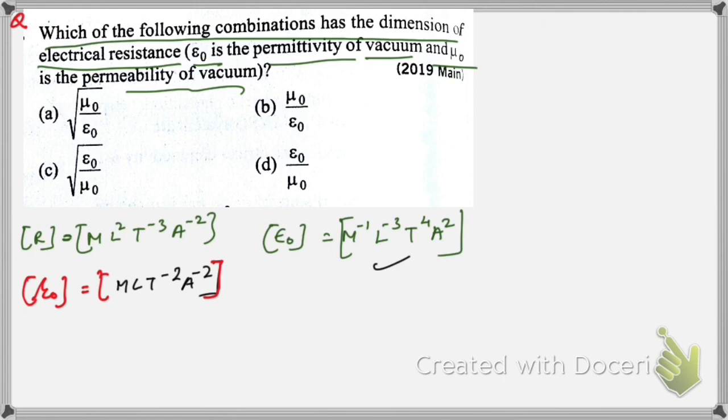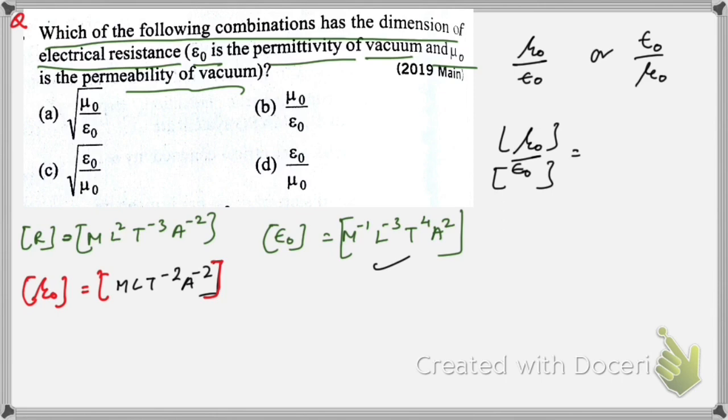Here you see, it will be easier to find the answer if we first find the ratio mu naught by epsilon naught, or epsilon naught by mu naught. Let me find this one first. If you find mu naught by epsilon naught, its dimensional formula is the ratio of their dimensional formulas.